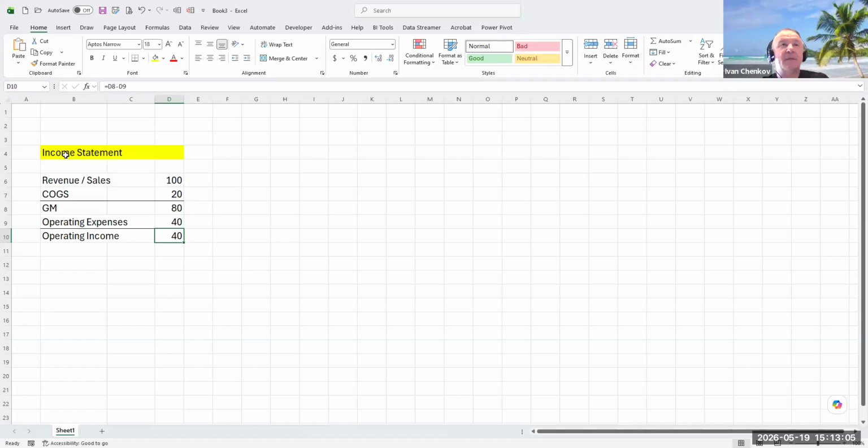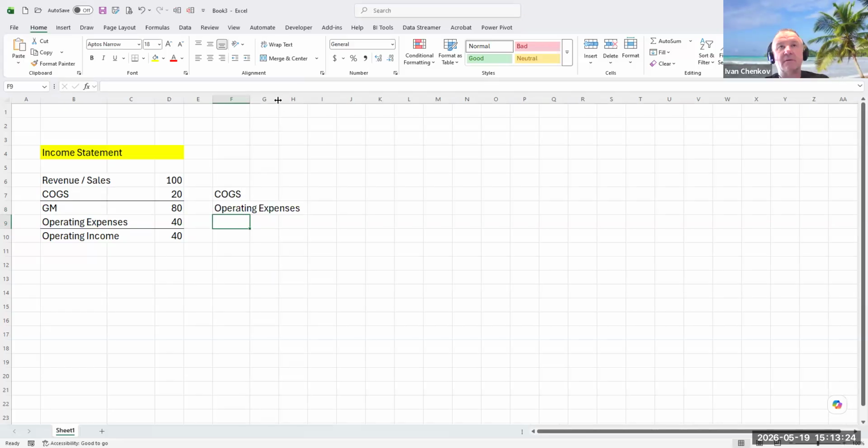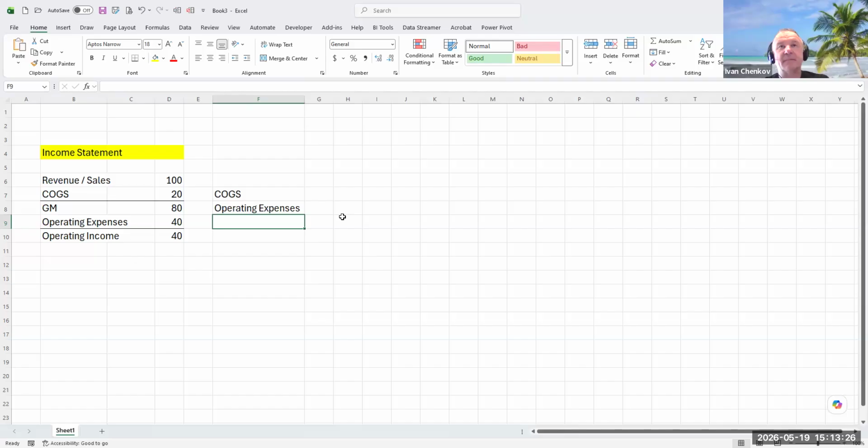Right. So now, for the purpose of what we're doing with the cost volume profit analysis, we're going to grab this cost of goods sold and we're going to grab the operating expenses. Those two together, as you can see, the cost of goods sold is 20 and operating expenses are 40. The total is 60.